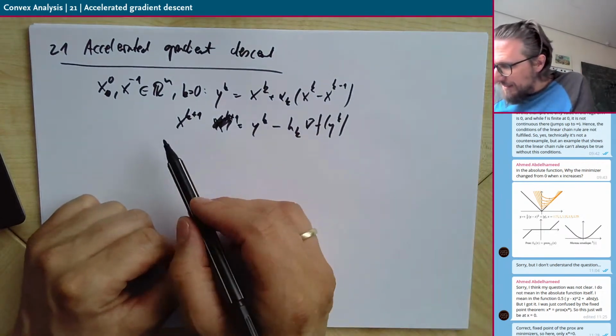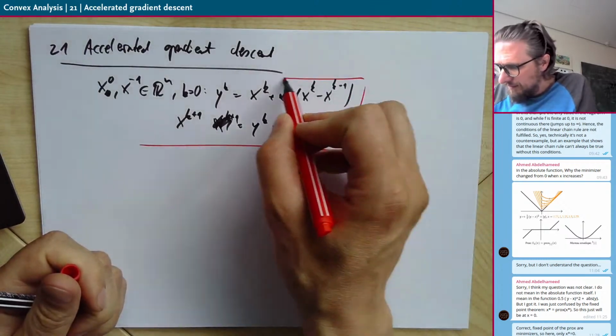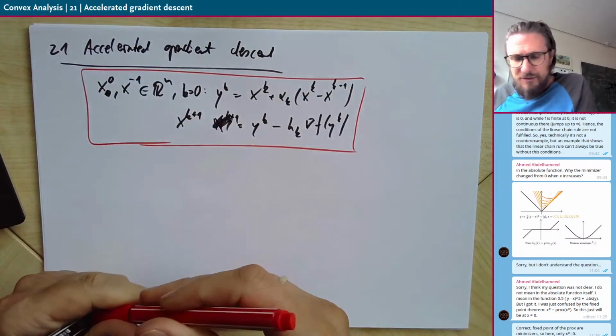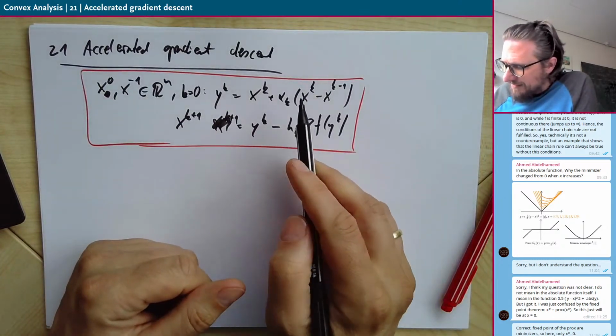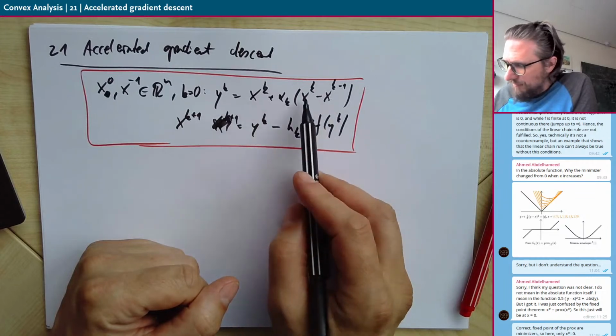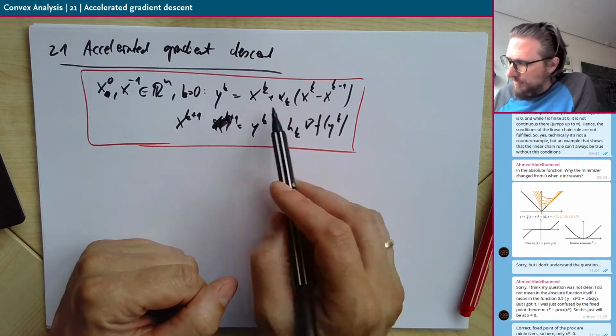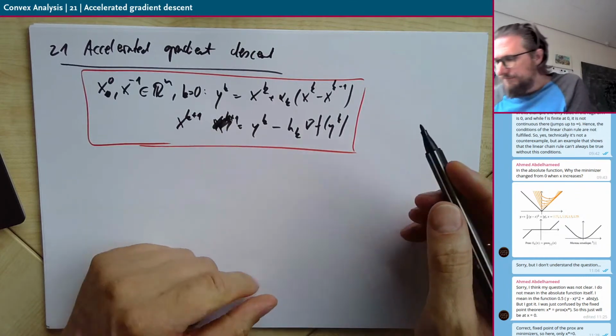So that's the scheme, that's all. Initialize with two arbitrary values, it doesn't matter. And then do these two steps. First, from xk and the previous one, do this step to arrive at some yk, and from that yk you do a gradient step.